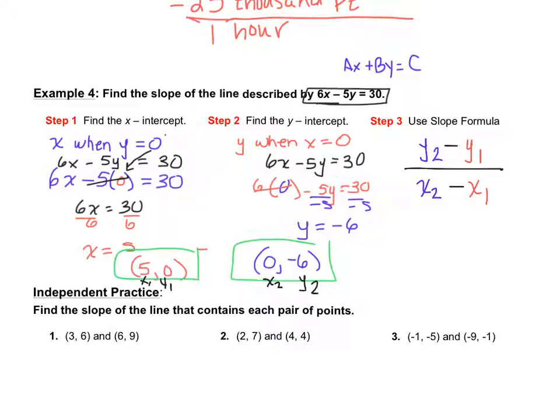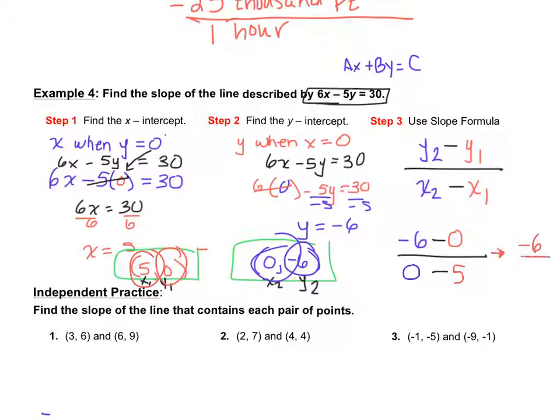So when we plug in, y2 is negative 6 minus y1 is 0 over, and x2 is 0 minus x1, which is 5. And when we do the calculation, negative 6 minus 0 is negative 6. 0 minus 5, sorry about the bell girls and guys, is negative 5.